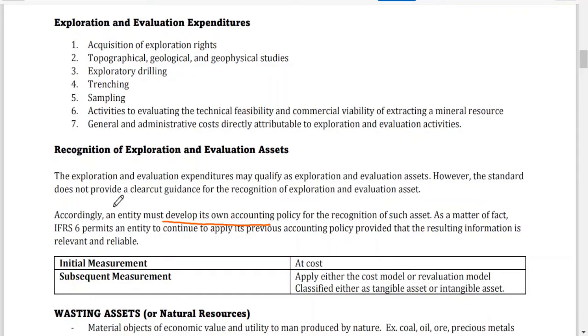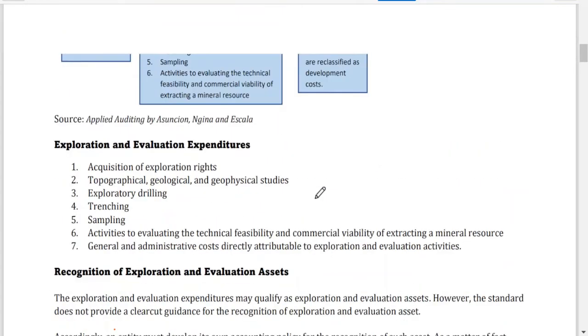Again, according to IFRS 6, the entity shall develop its own accounting policy for the recognition of such assets. In addition, the entity may recognize exploration and evaluation expenditures as expenses or assets depending on its chosen accounting policy, and this is in accordance with the illustration earlier.